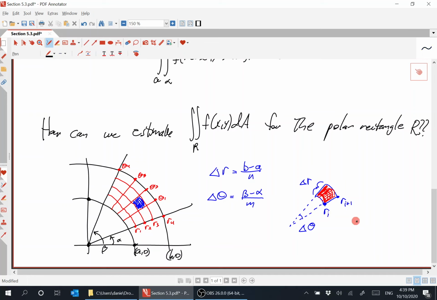So what is the area of the small polar rectangles?